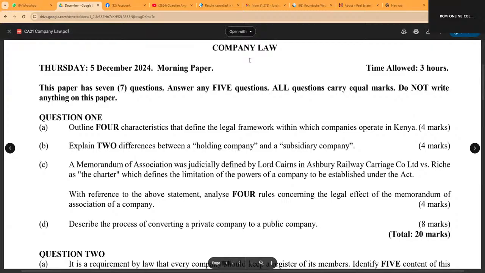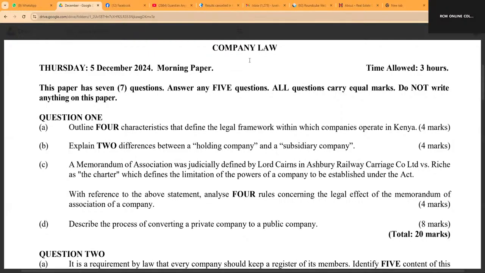Was it Alice or who was it? It was Alice. So this one we can give Alice. Alice, you can read for us this one. Yes, Alice, question number 1B. Yeah, thank you.